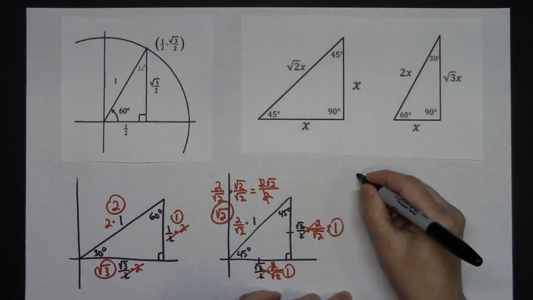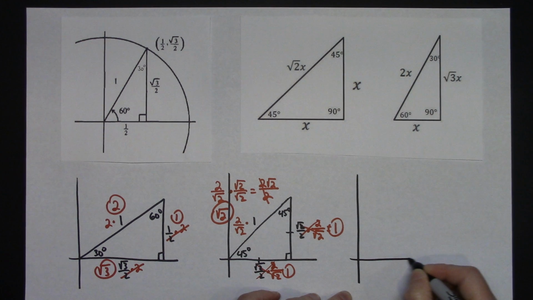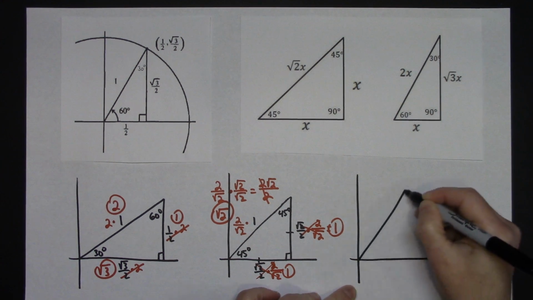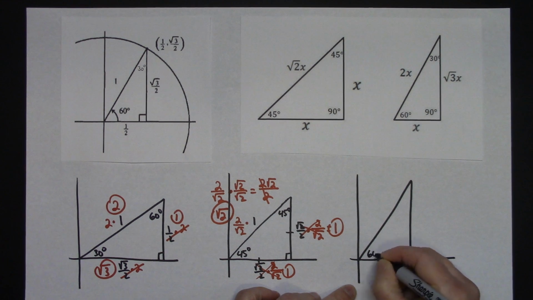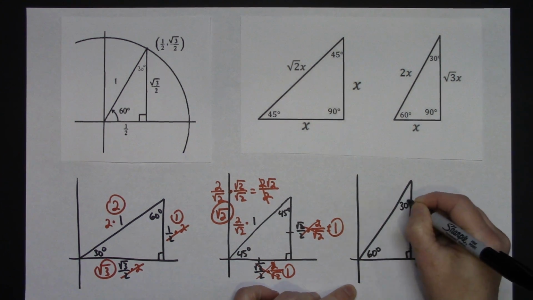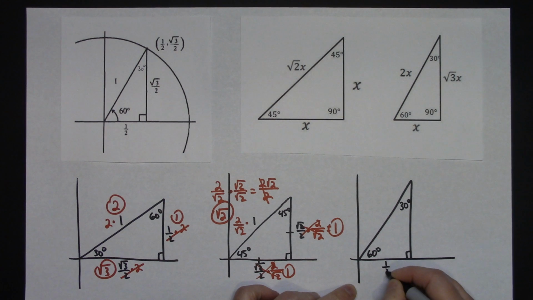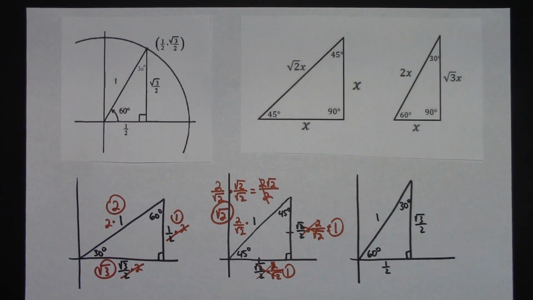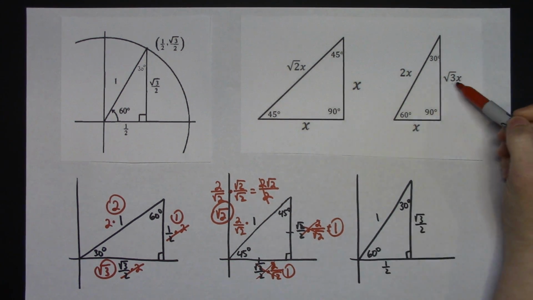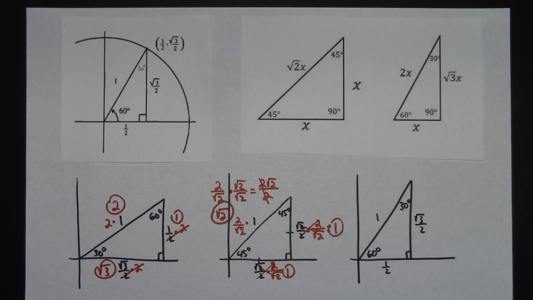Now I'm going to redraw the picture there. That makes this bottom angle 60 degrees, the top one 30, this side 1/2, square root of 3 over 2, and 1. Now again, I want to multiply through by a number on all sides to make it correspond to my reference triangle up here.